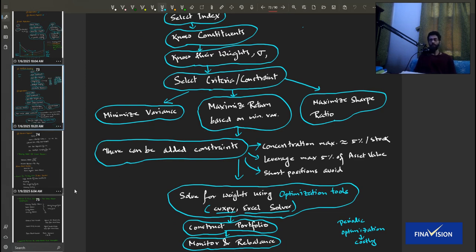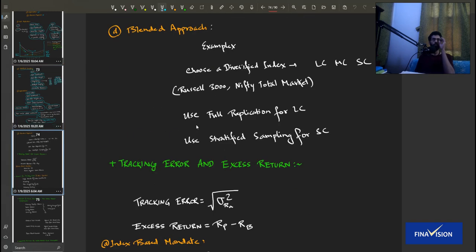Then what if we try to mix and match more than one of these techniques? Then the process is called the blended approach. Blended approach means we are trying to mix and match the techniques to create a portfolio. Let me take an example here. Let's say one chooses a diversified index. Let's say that index is Russell 3000 or that index is Nifty Total Market.